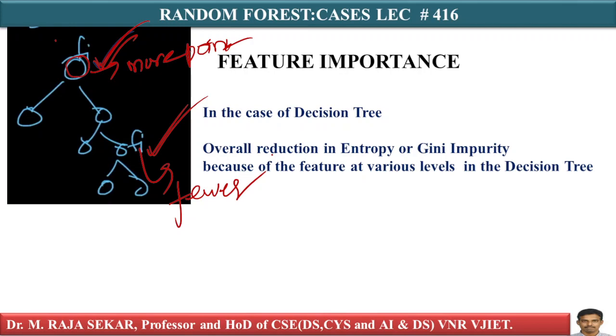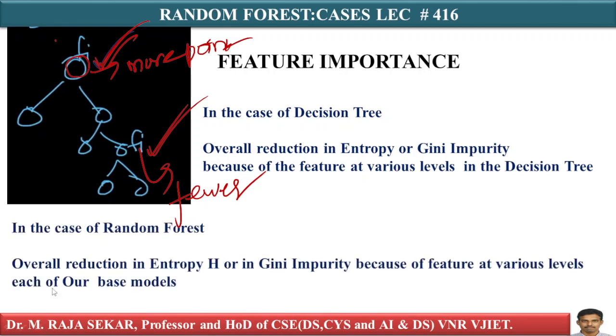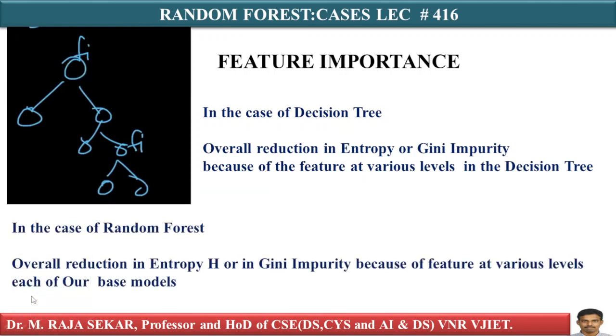In the case of random forest, it is the same thing. In decision tree, you look at overall reduction in entropy. In the case of random forest, it is the overall reduction in entropy, capital H, or Gini impurity, Ig, because of feature fi at various levels in each of our base models.